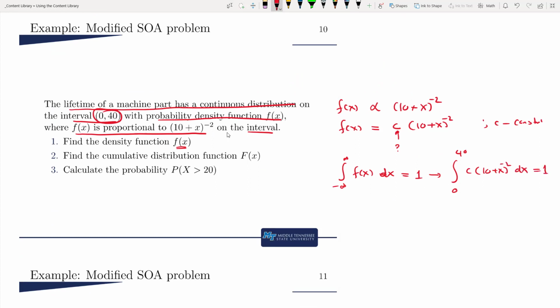From there, I'm going to solve for c. So let's do the integration. This would end up as c times (10 plus x) to the negative 2 plus 1, so this is basically negative c.